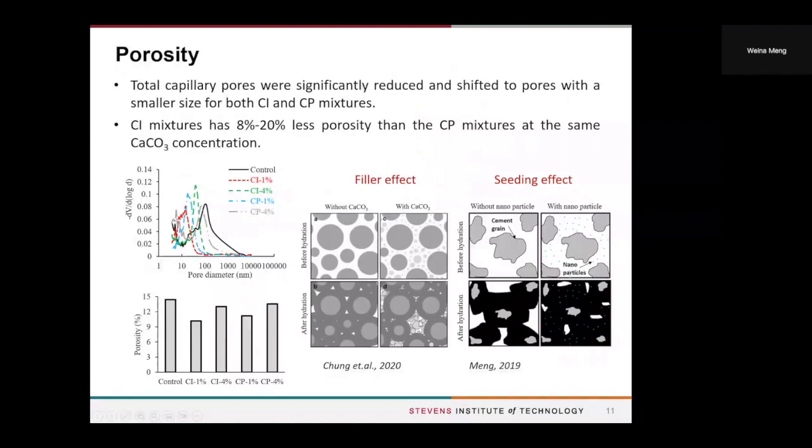And it also has a seeding effect, as nanoparticles can work as nucleation sites to promote the precipitation of hydration products, or promote the cement hydration to fill the pores. This is why when we use the CI and CP methods, we see the reduction of the pores. And again, compared with the CP mixtures, the CI mixtures at the same concentration of calcium carbonate have lower porosity.